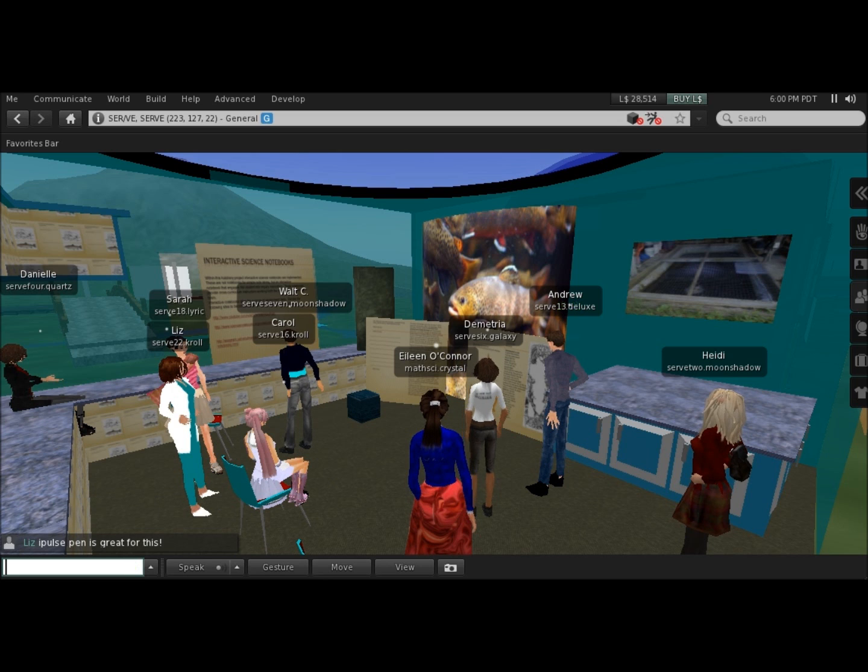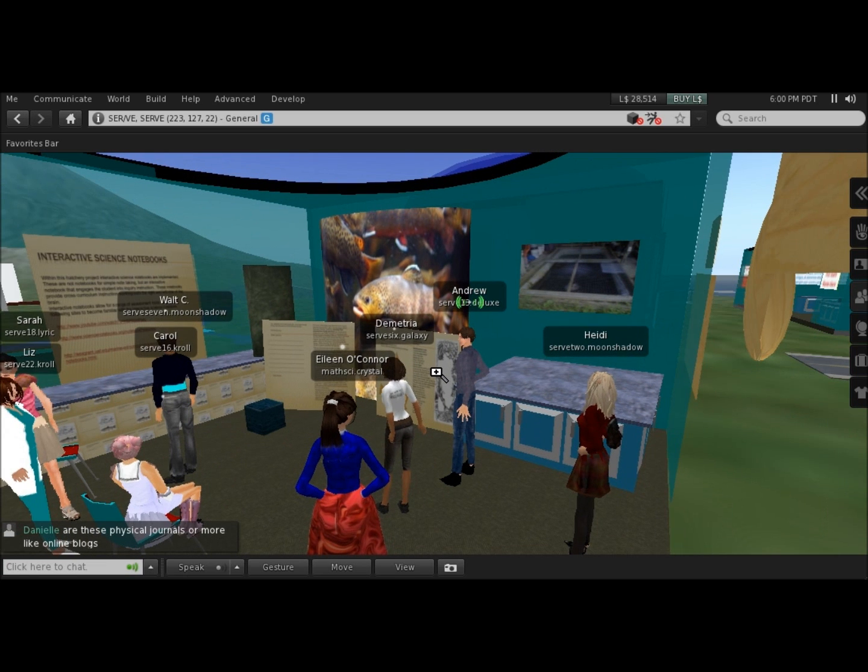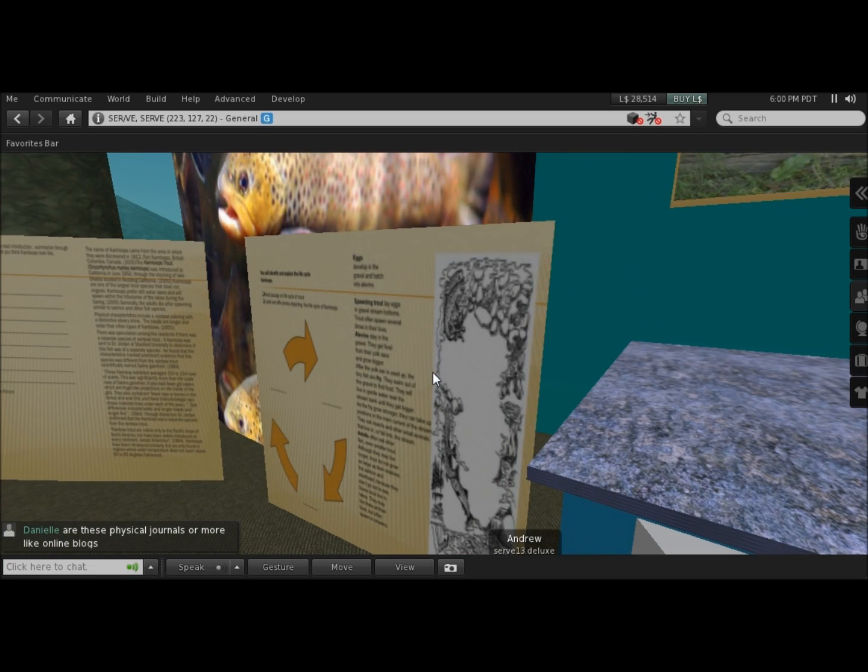In this activity, they would read through information about the trout, and then they would summarize it. The slide on the right is a concept map where they would follow the life cycle of the trout. So that's two components of the science notebook.